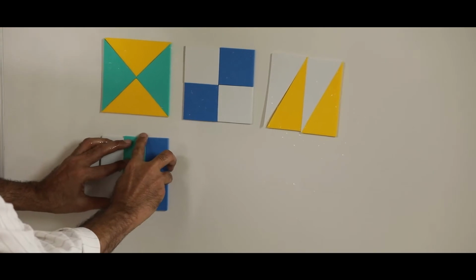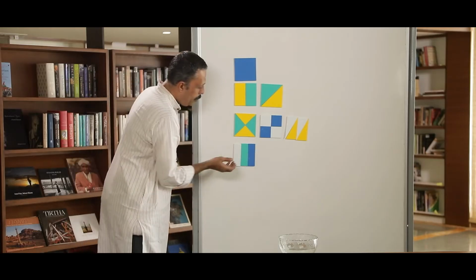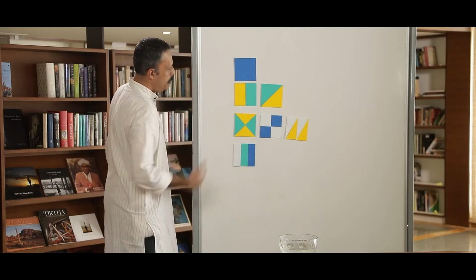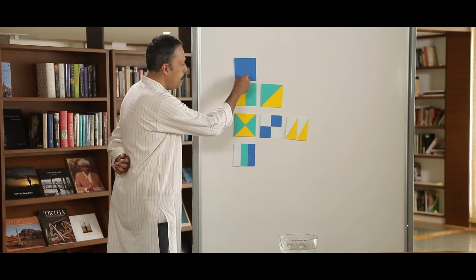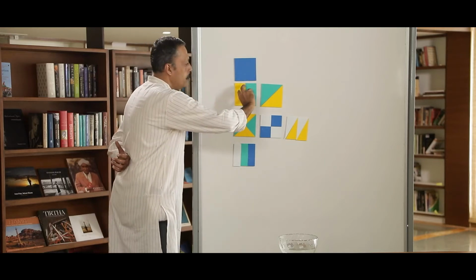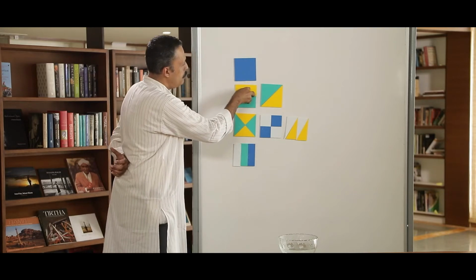Now, these 3 pieces and these 2 pieces. We have made 2 pieces here, or we can cut it horizontally also.